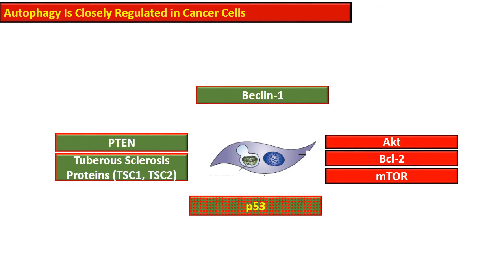The BECLIN1 is the gene that is involved in the process of autophagy, and it is mutated in most of the cancers. The antineoplastic medications also induce the process of autophagy in tumor cells.